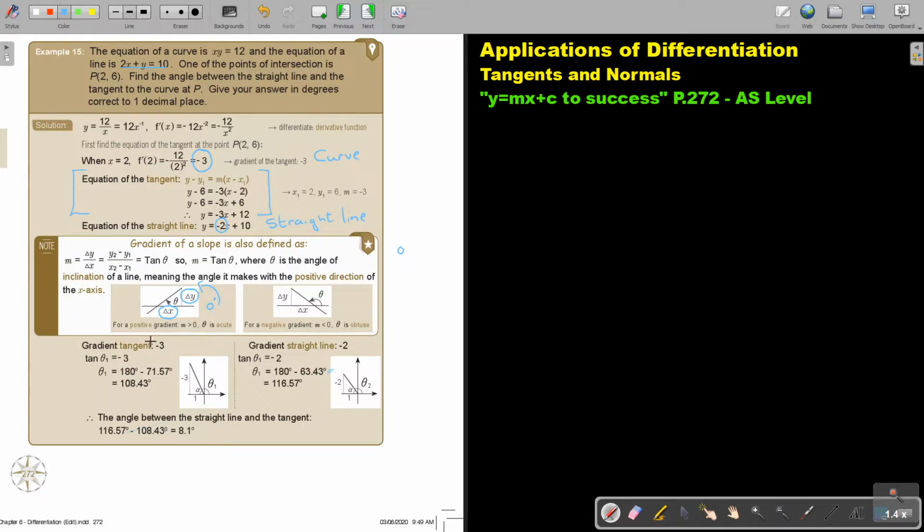If I'm just having the gradient and I want to find out the angle towards the x-axis, take note: if the gradient is negative, then the line will be like this. Then look there. That will be the angle towards the x-axis. Now, can you still remember your CAST diagram?